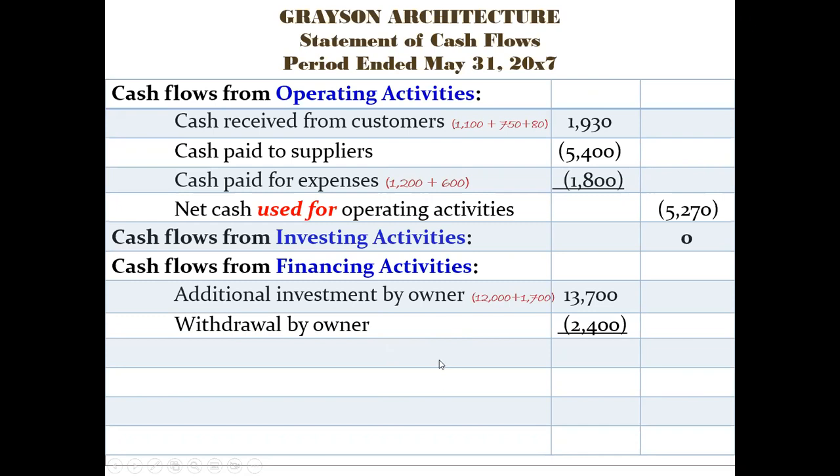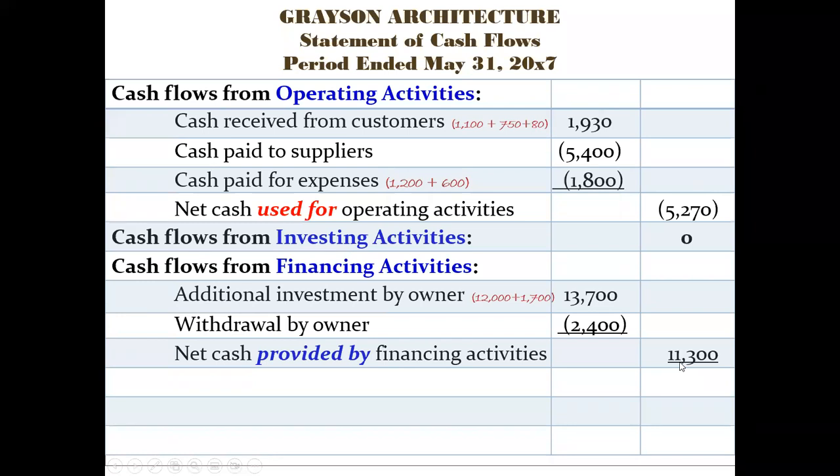So if there was a multiple choice which says, what's the net cash flow used for or provided by financing activities? You would look for the answer that says net cash provided by financing activities is 11,300. More money came in from financing than went out.